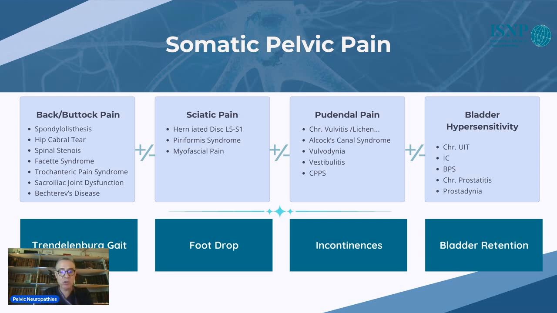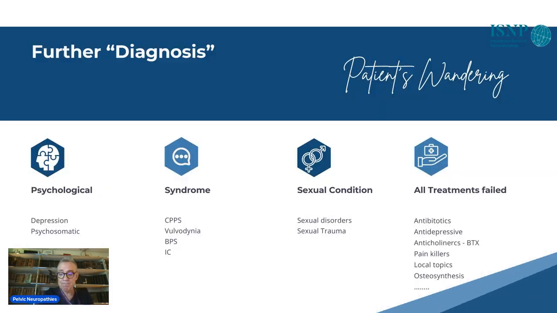And when you have damage, for example, of the sciatic nerve, you will present some Trendelenburg gait or a foot drop. For the bladder, maybe you will be unable to empty your bladder, or you will develop urinary and fecal incontinence. They are all symptoms that, all together, are typical for pathology of the pudendal nerve.